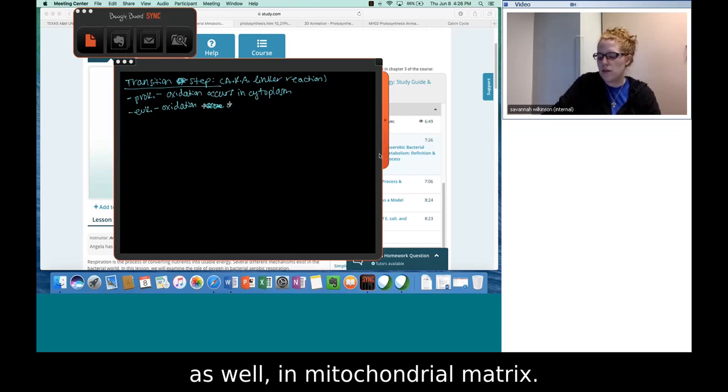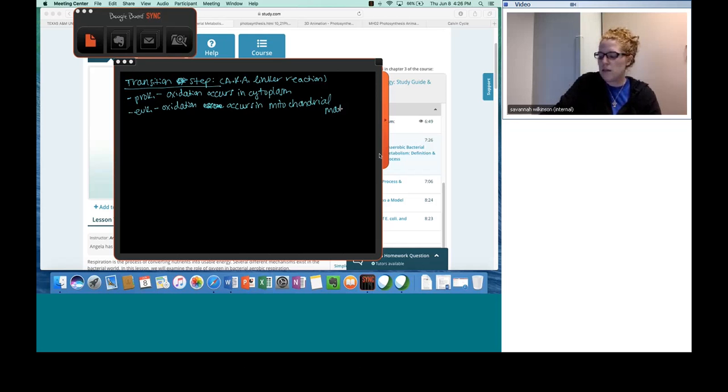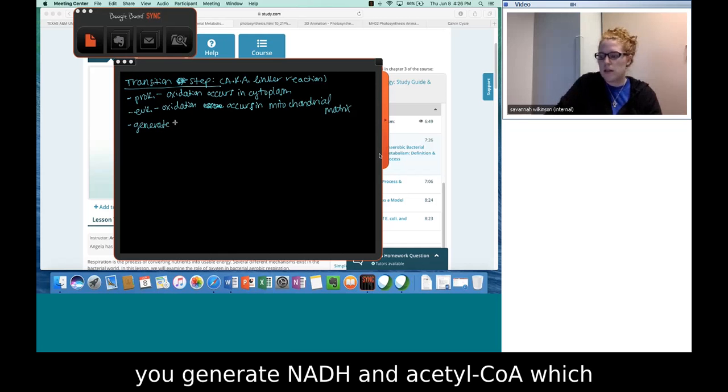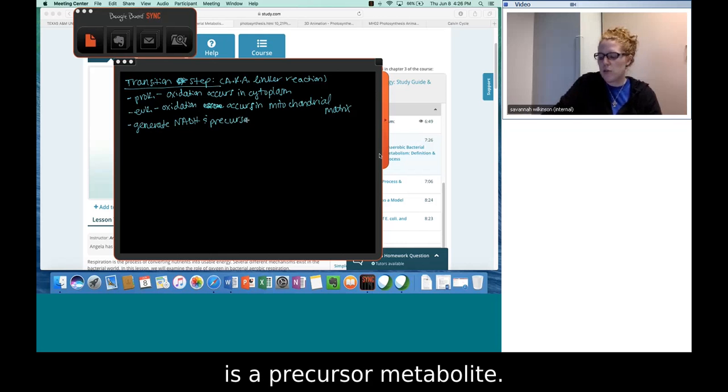In eukaryotes it occurs in the mitochondrial matrix. And pretty much in the transition reaction, you generate NADH and acetyl-CoA, which is a precursor metabolite.